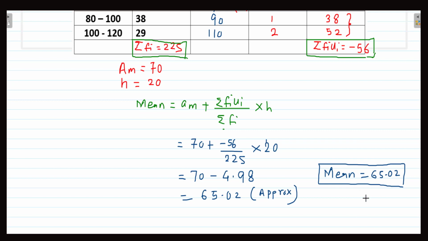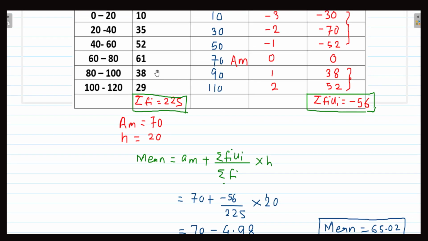Now here I will explain why I have chosen the assumed mean whose frequency is more. When you are assuming a mean, your answer should be closer to the assumption.